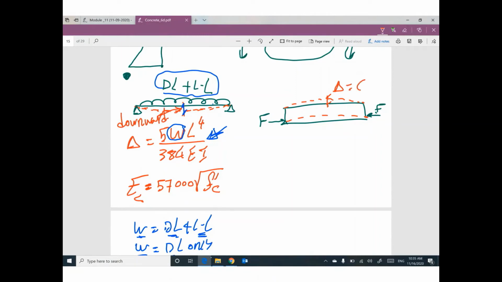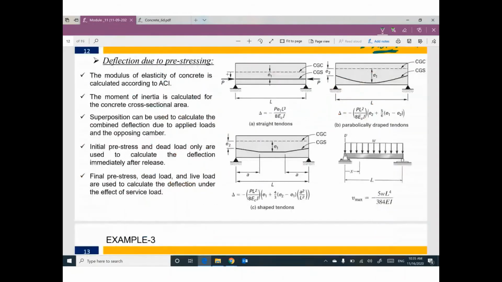This one will be camber or upward deflection. How much for this deflection? It depends on what the profile of the tendon is. For a straight tendon, you can calculate the deflection by this expression.